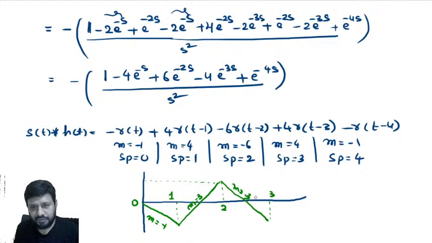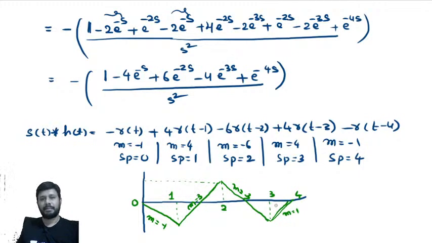What happens if you add a slope of minus 3 to slope of plus 4? Resulting slope will become 1. As this is going with slope of 1, when it encountered the point 4, slope of minus 1 is added. Minus 1 plus 1 slopes, if you add, it will result in 0. 0 means slope is 0, means horizontal like this. So this is the resulting signal.